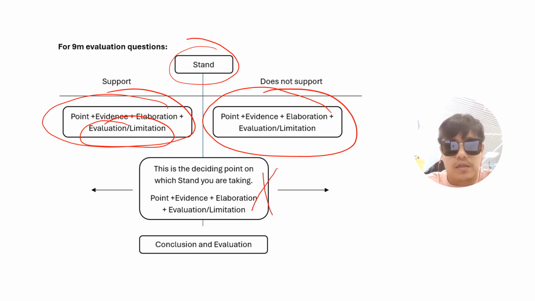Yes, you can. However, that means you have to leave it to your point 1 and point 2 to be strong enough to hold up this whole essay, and your evaluation must be even stronger. If you are not confident in doing that, go on to the third point, right?